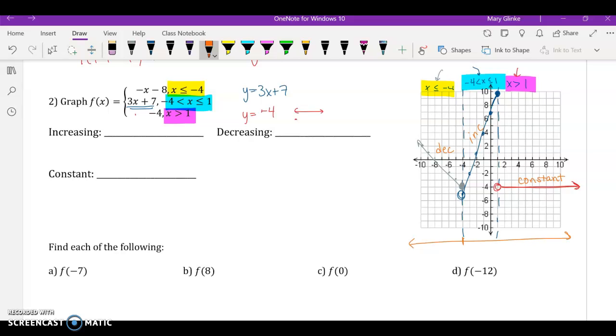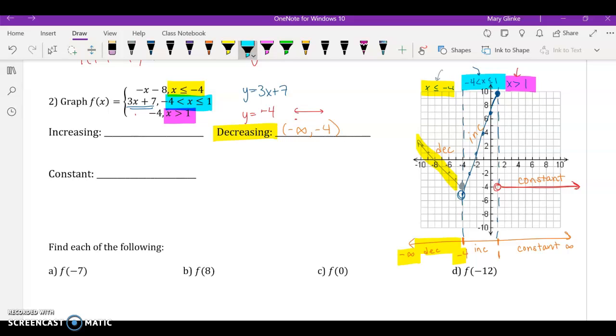So looking at this, the turning points happen at -4 and at 1. That's where you're changing from decreasing, and then the next interval is increasing, and then the constant. All the way on the left of our graph is -infinity. All the way on the right of our graph is positive infinity. And what that means is that this first interval is decreasing, so we're going to use from -infinity to -4 as our decreasing interval.